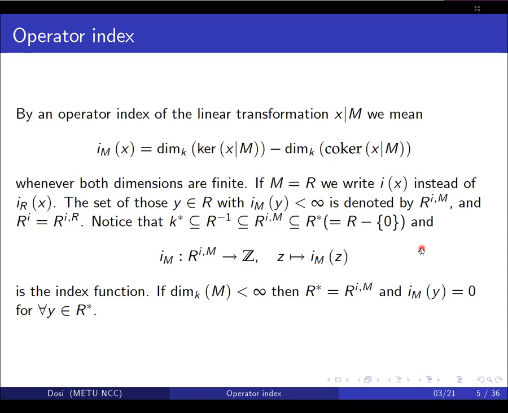So we shouldn't expect something like that in this theory. But what can be done? Let me explain slowly. Finally, let me mention that if M is a finite-dimensional space, then the index of every linear transformation is just 0. We know it; it's standard linear algebra.